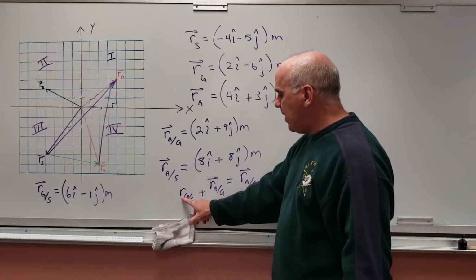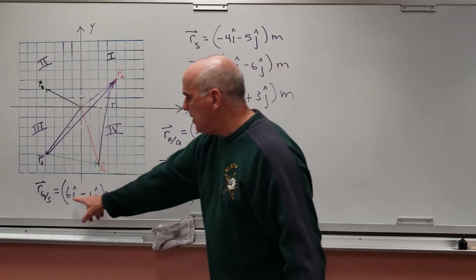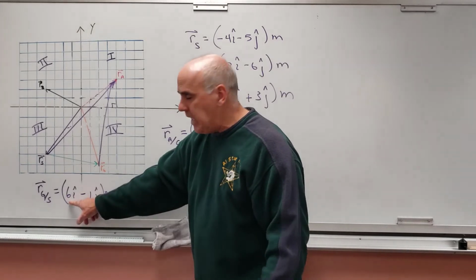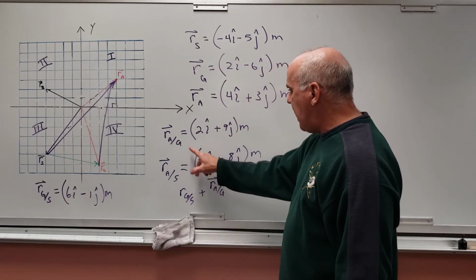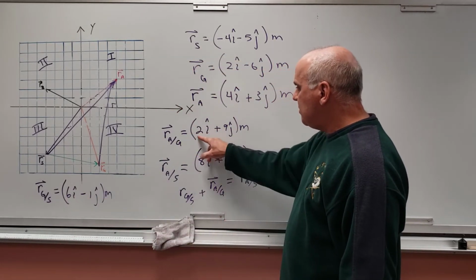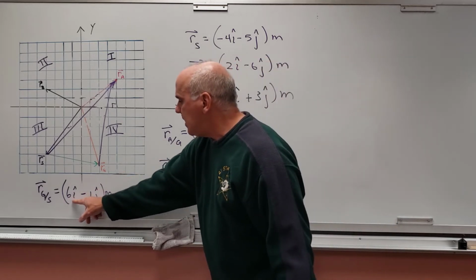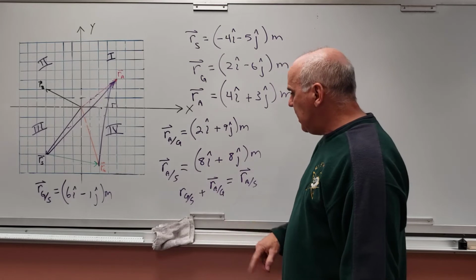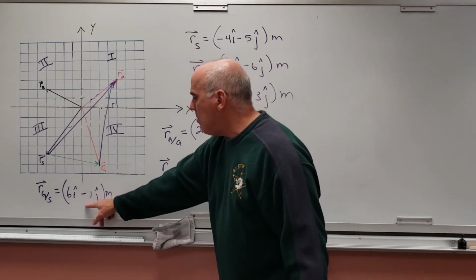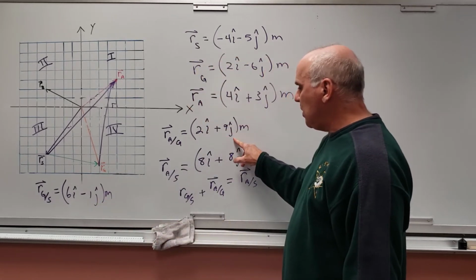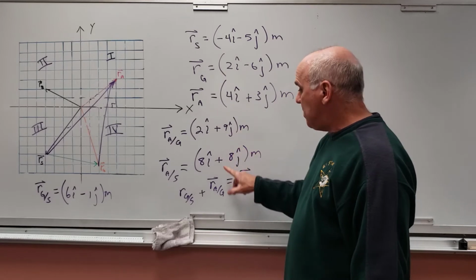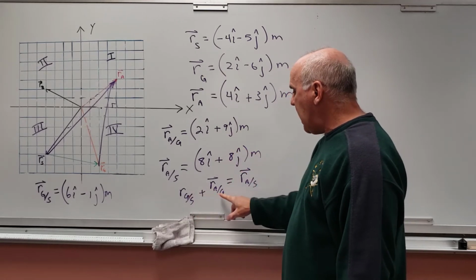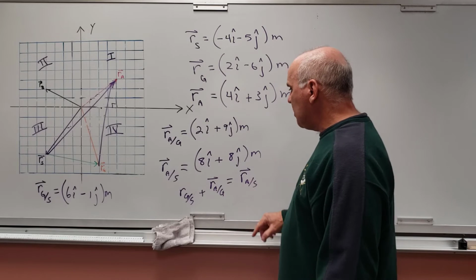The position of Grayson with respect to Shelby, 6 in the i. Let's just look at the i direction. The position of Adam with respect to Grayson, 2 in the i. So 6i plus 2i gives me the 8i. And then if I look in the j components, minus 1j plus 9j is a positive 8j. So when I add them together, that works out that way.